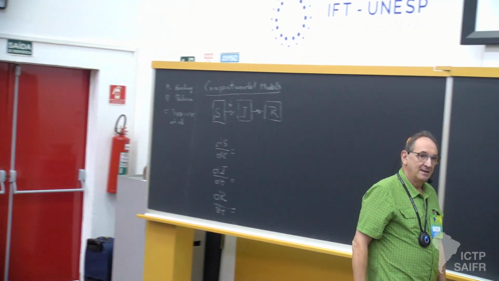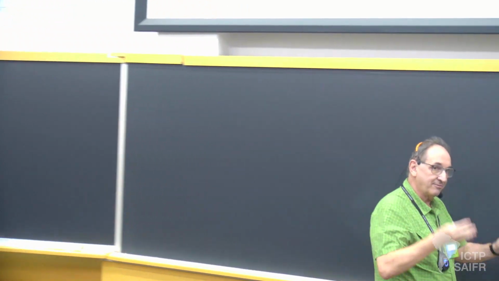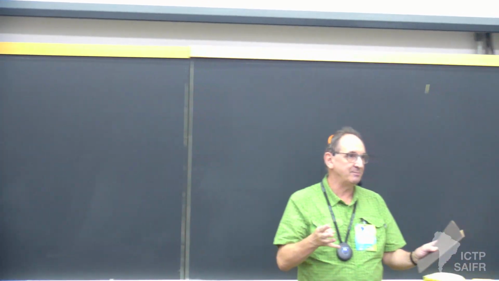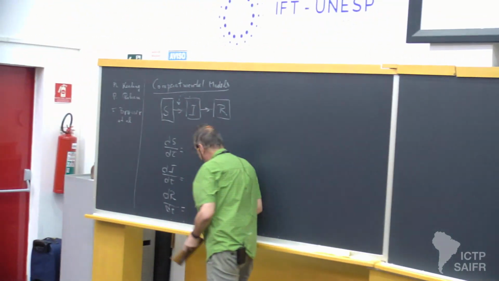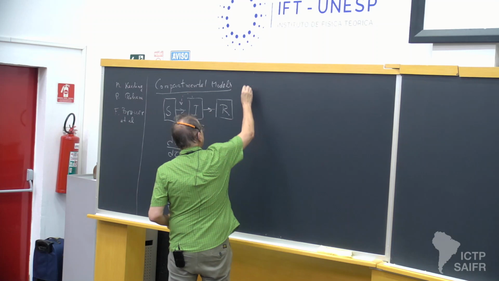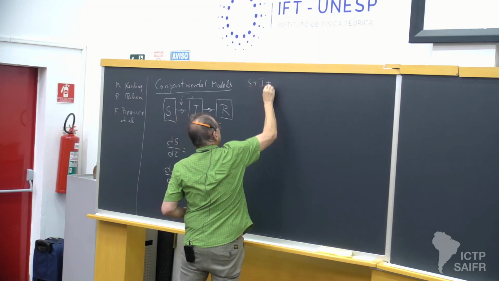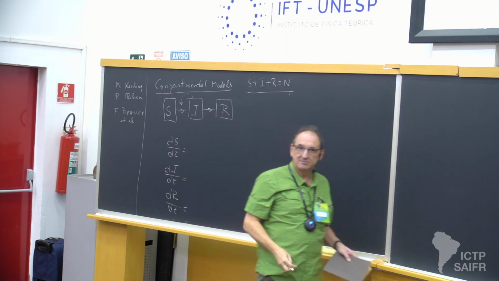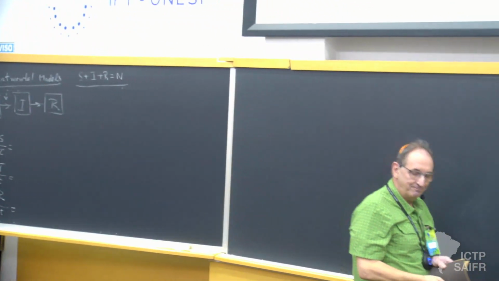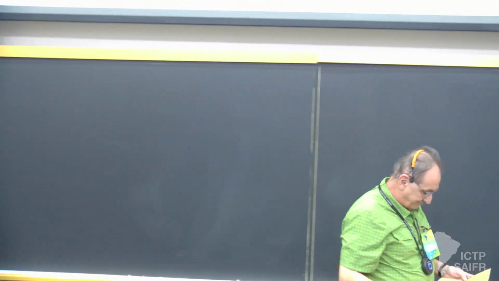S is the number of people that are susceptible, I is the number of people that are infected, and R is the number of people that are recovered. I will suppose that S plus I plus R is equal to some N, which is a constant, not depending on time. The way to do this is usually the following.